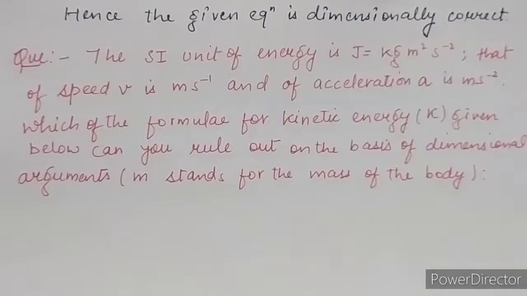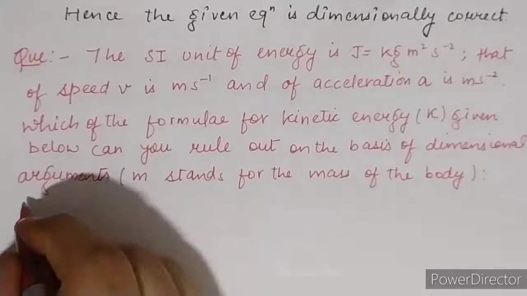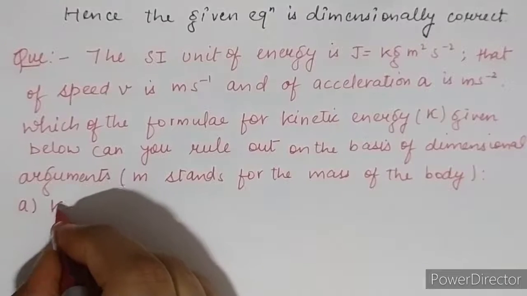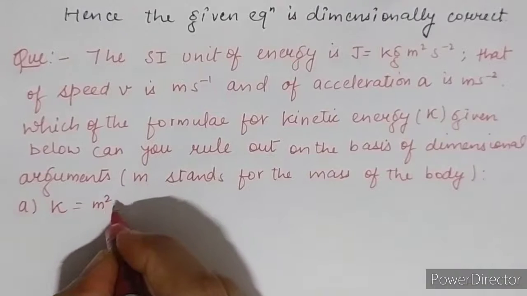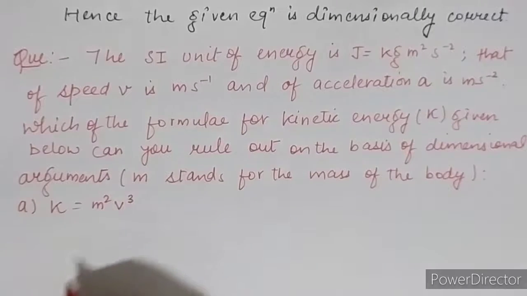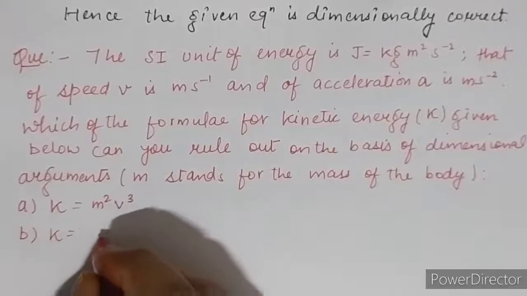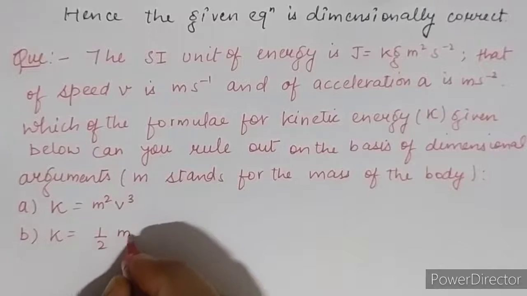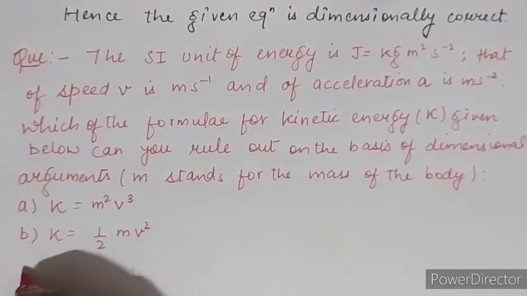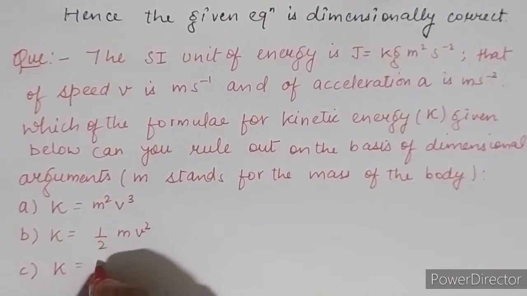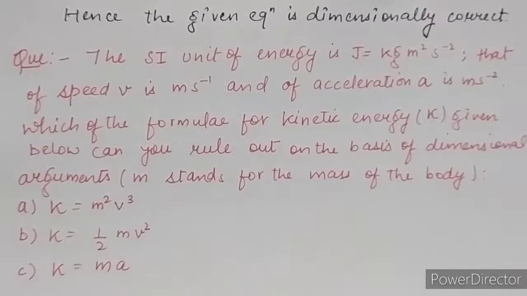You have to check. For that, the equations have been given. A: K equals m square v cube, meaning velocity cube. B: K equals half m v square. C: K equals mass into acceleration.